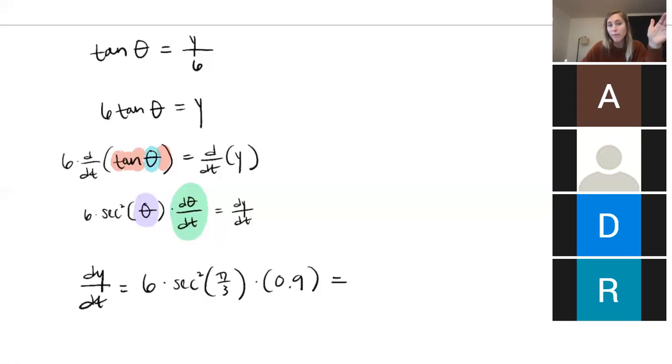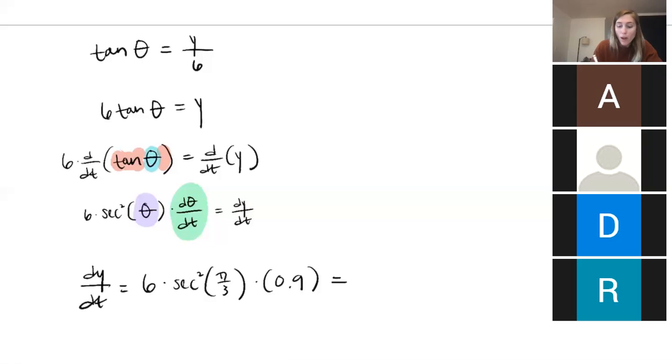So either way, I'll take the approximation. Actually, give me just 1 second. I just want to confirm that the answer I have in my notes is correct.